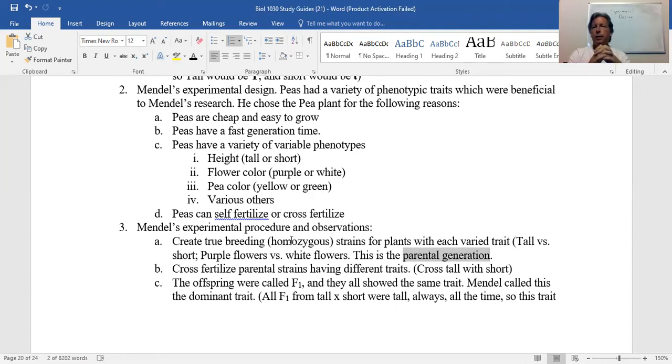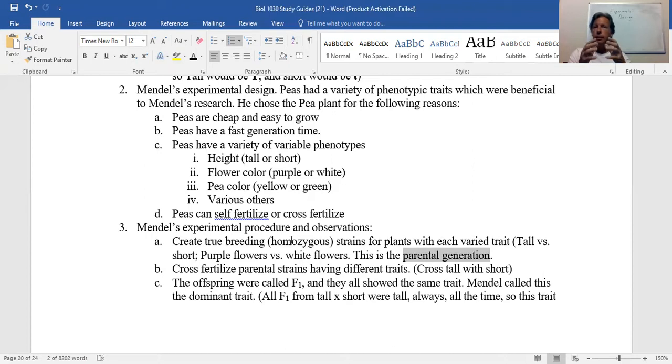This is actually where Mendel discovered the idea of dominance. Because if he took true breeding tall and true breeding short, and he crossed them, he always saw the tall offspring. If he took purple and white, he always saw only one of those colors in the offspring.